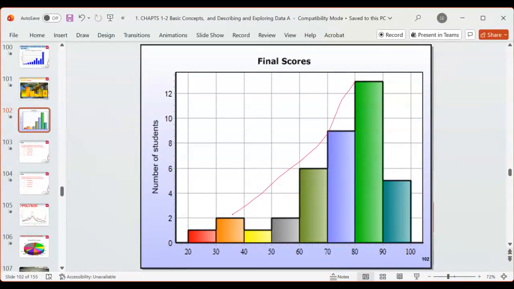So you'll see a tail here, compared to just a normal bell shape. And then from here, it sharply goes down, like that. So you see, that's not normal, because the tail is on the left. It's called negatively skewed.